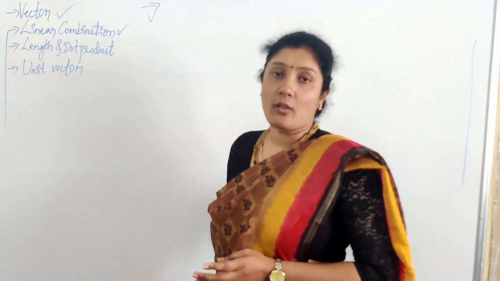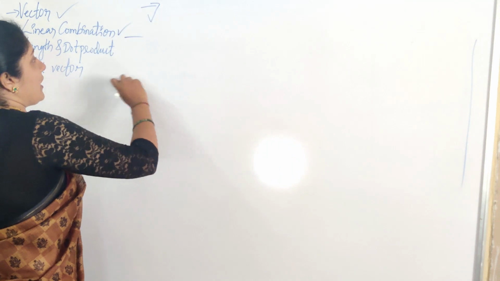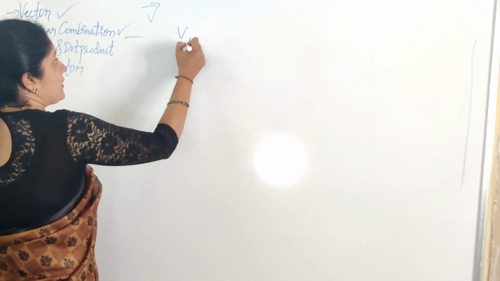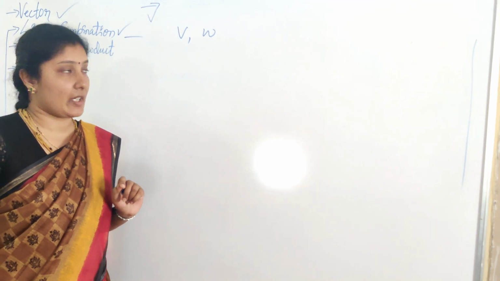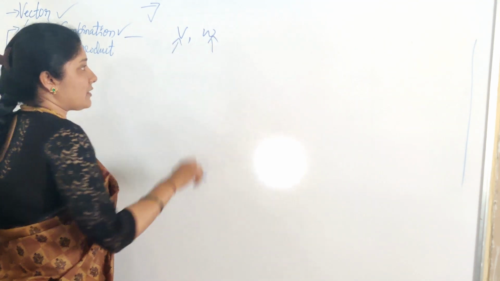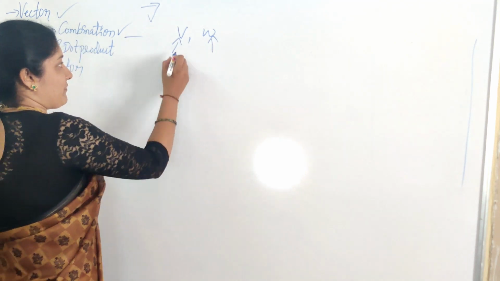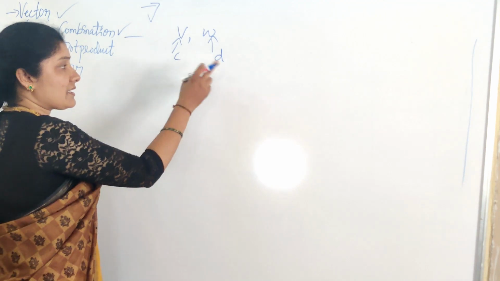Next, linear combination. What is linear combination? Let us consider two vectors v and w. Now, multiply these two vectors with numbers. Let them be c and d. What are c and d?